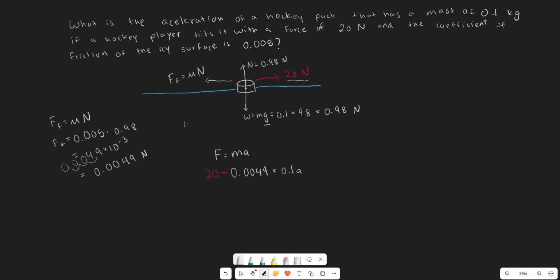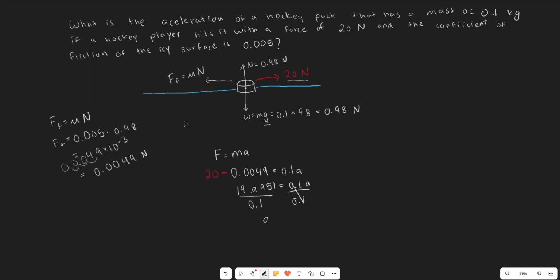So let's first start with the left side. 20 minus 0.0049 is equal to 19.9951. Clearly the frictional force is so small that it barely has an effect on the force acting on the puck. Let's divide by 0.1 on both sides to get a by itself.